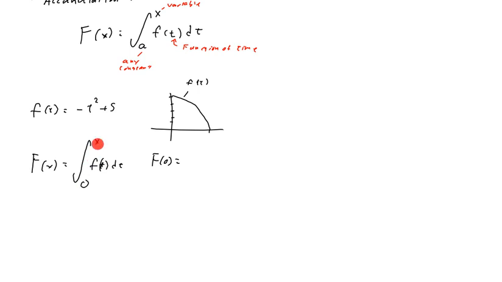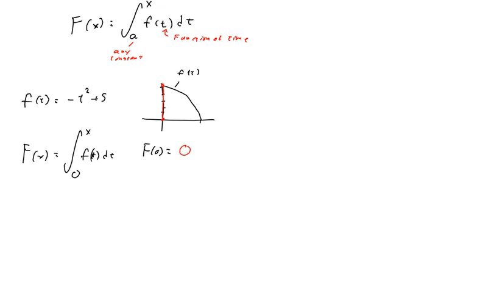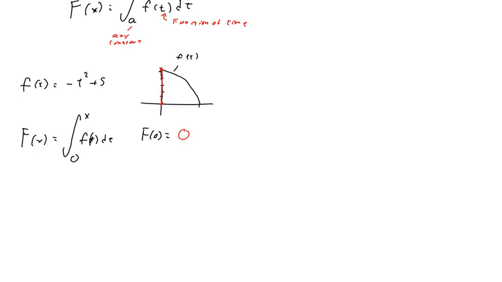Here I'm looking for the area from 0 to 0. Well, that starts at 0 and ends at 0, right? That's this area here, which is 0. The accumulation doesn't accumulate anything. So we're starting off at 0.